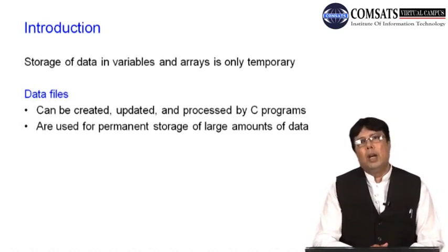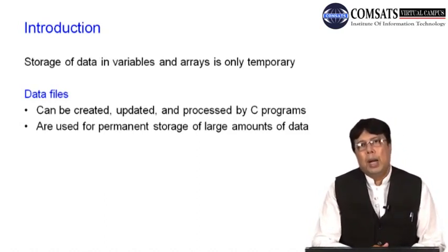But most of the time we are dealing with the primary memory of the computer. What does it mean? As I explained to you in the very beginning, once we switch off or exit from our program, all the data that was processed and saved into different structures is lost.